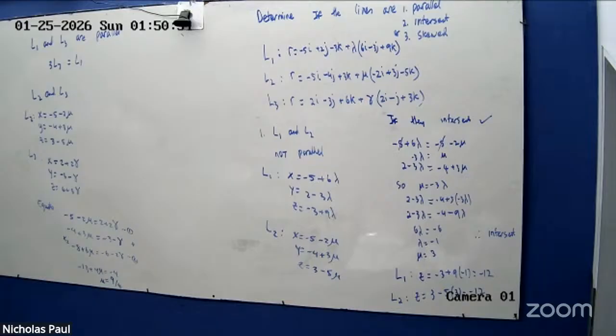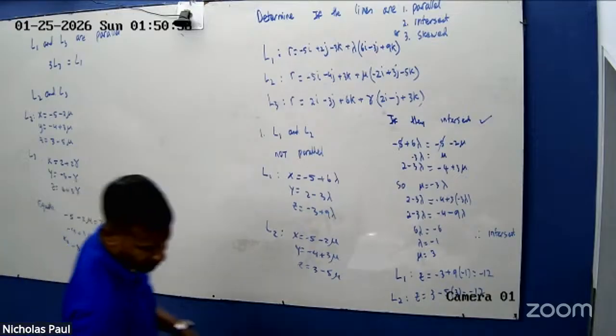I multiply by 2: minus 8 plus 6 minus 6 minus 1. Add minus 4, that's 0. That's 4.